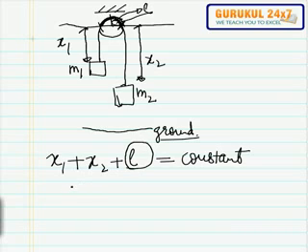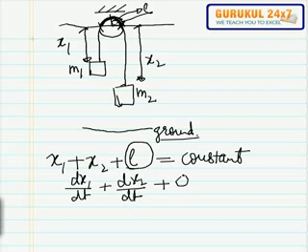Now what we do is we differentiate this equation. We will write dx1/dt plus dx2/dt. Now L is constant, so its differentiation will give us 0. On the right hand side we have a constant, whose differentiation will be 0.